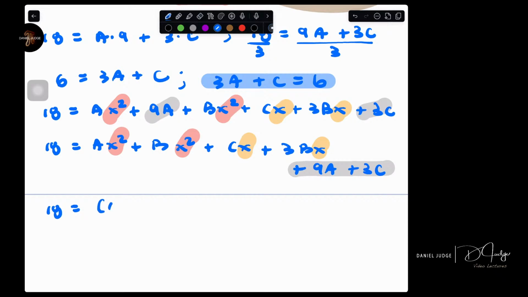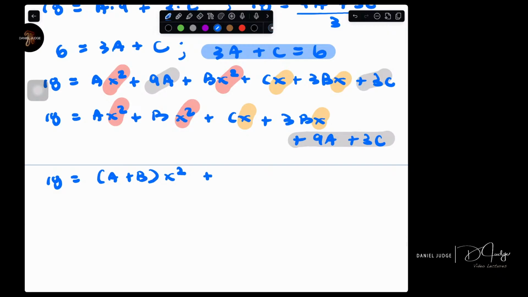So I have a plus b, factoring out the x squared. I'm going to factor out the x, c plus 3b, and then I have the constants 9a plus 3c. I want you to see something interesting here.